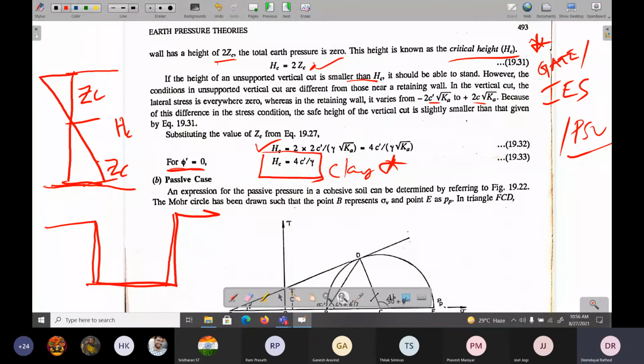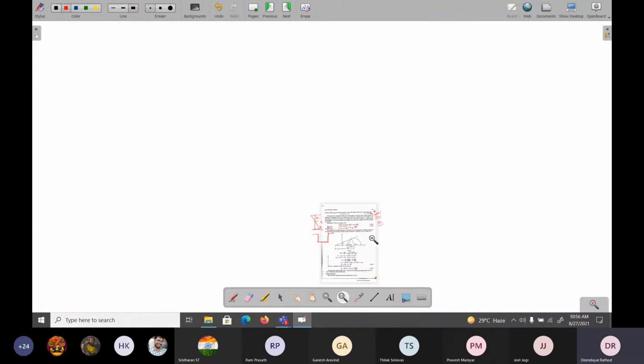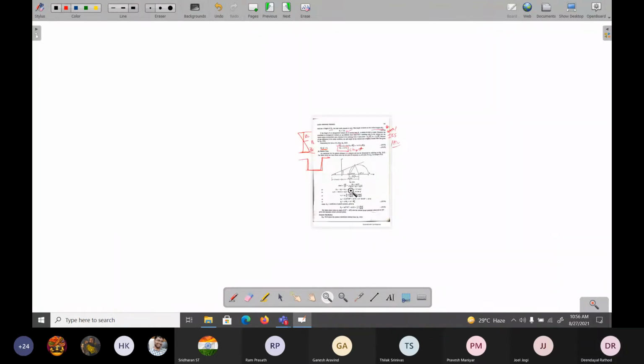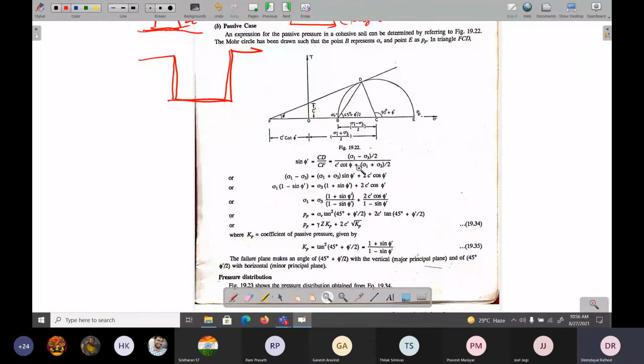Now let us focus on this passive case. The passive case is similar, same thing. This is the passive case where the cohesive term is there. C also there, phi also there.